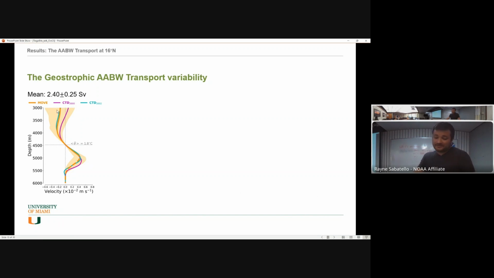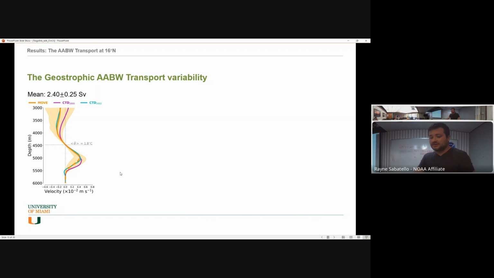The colorful lines here are the calculations done the same way using the high-resolution CTDs that we have. And luckily enough, we didn't need to impose any extrapolation using those data, because they are high resolution in the horizontal. So we are covered there. It covers almost all parts of the basin.